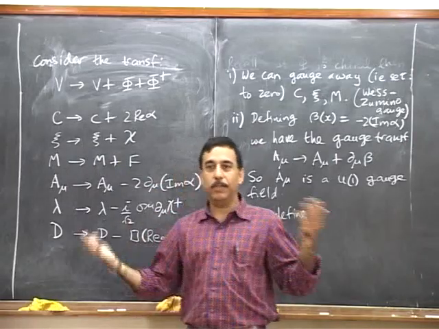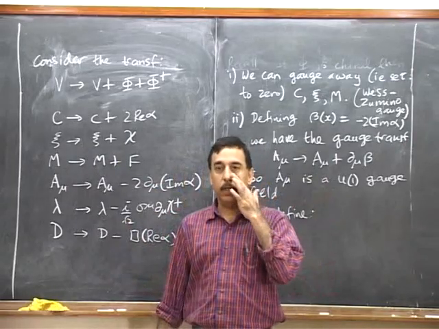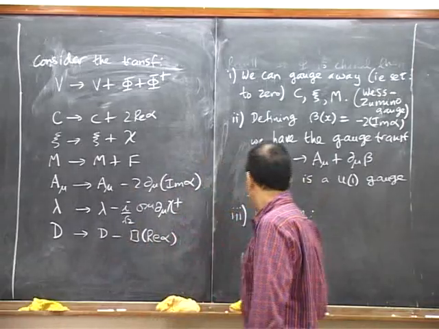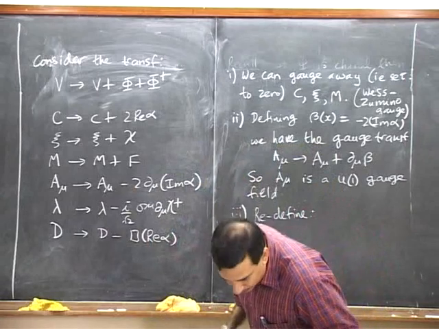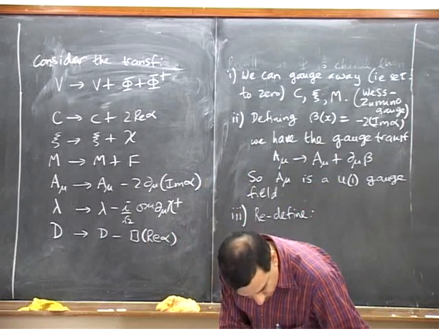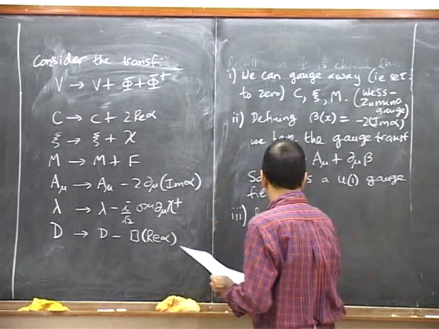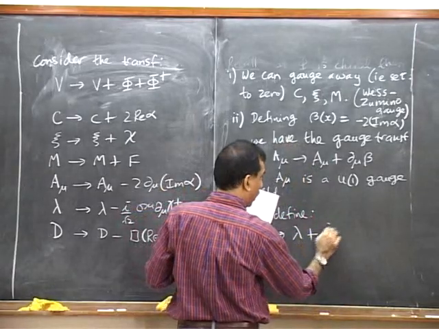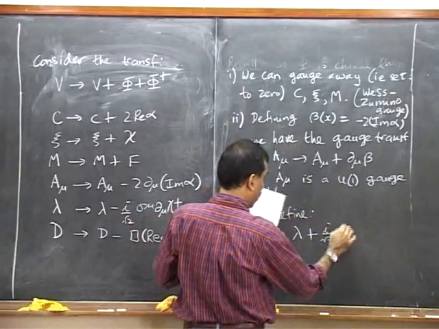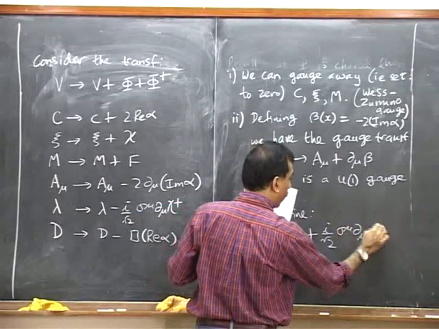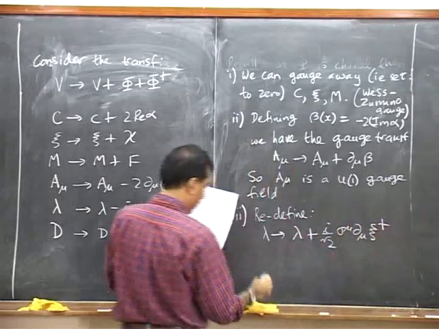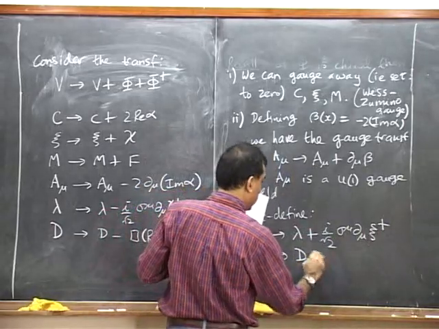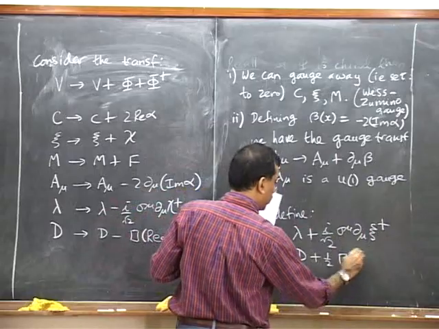So, in the set of fields which occur in the expansion of that superfield, I can redefine fields among those if I want. And so, the redefinition that is convenient is to send lambda to lambda plus i by root 2 sigma mu del mu psi bar, and D to D plus a half box of C.